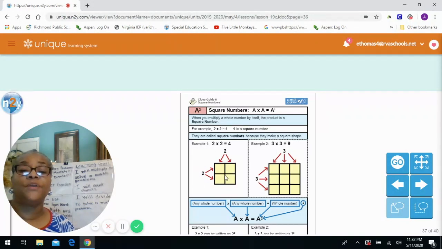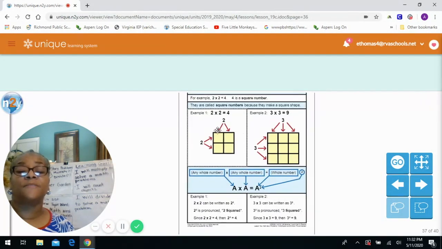We have 2 here, 2, then that's a square. Then we have 3 going this way and 3 rows, 3 columns of 3 rows, just like we would do arrays. So any whole number times any whole number, and the whole number squared. So 2 times 2 can be written as 2 squared.